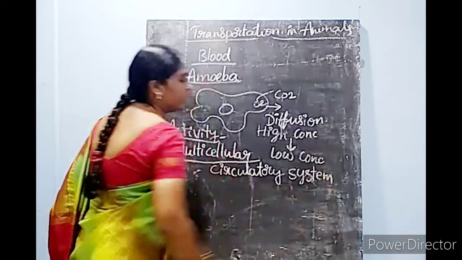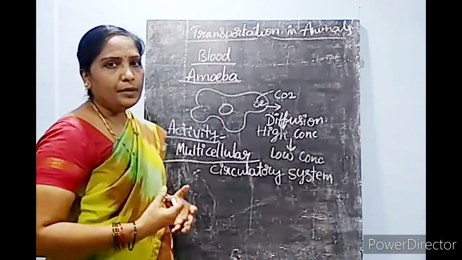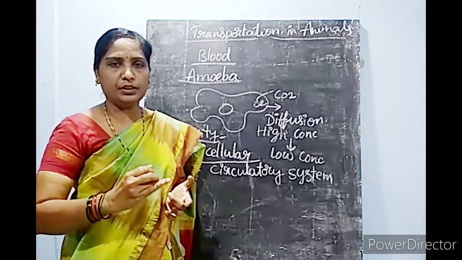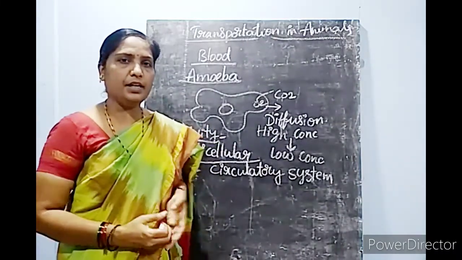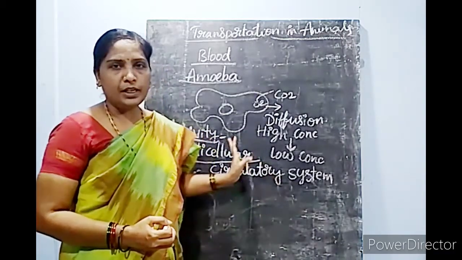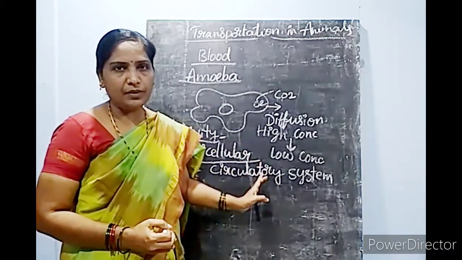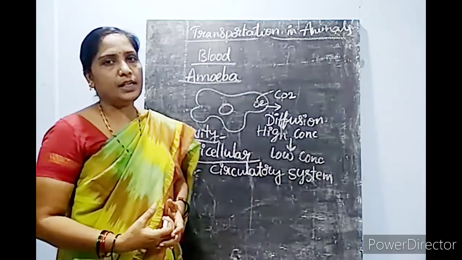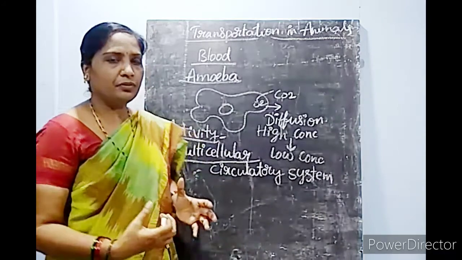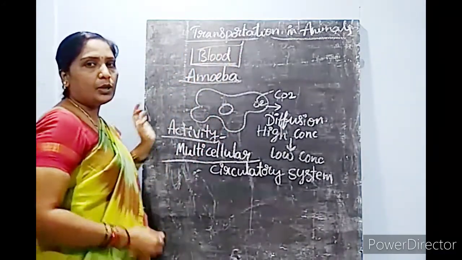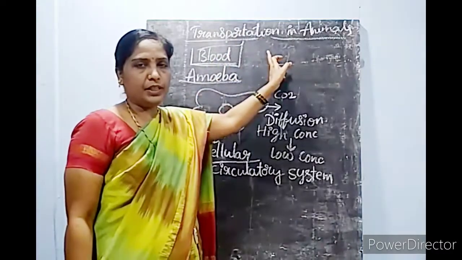The circulatory system helps to transport the required materials like oxygen, food and water. So multicellular organisms have a circulatory system, and it works with the help of blood.